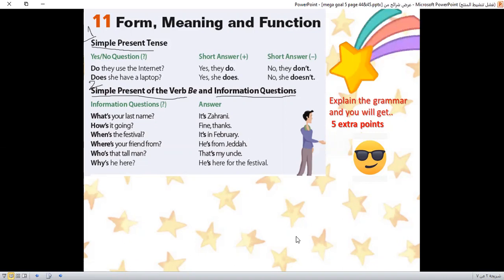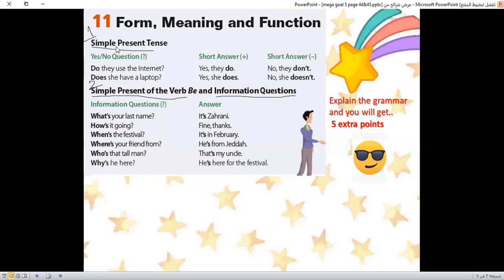Okay, simple present, we use it for routine and general truth and things like that. Very good. To make a sentence, we put the subject and verb one, and then the object. And if it's he, she, or it, we put s with the verb. Excellent. But if it's I, you, we, and they, we don't use s with the verb. Very good. But here we talk about one type of question.